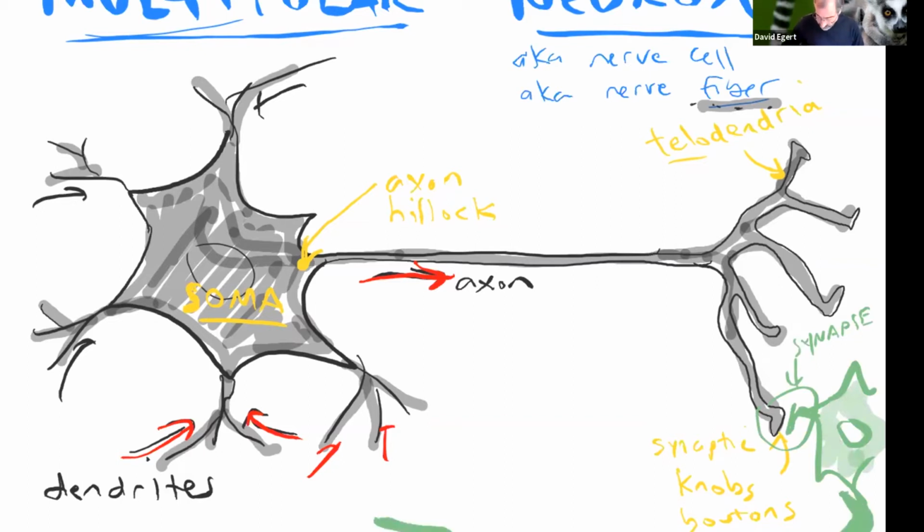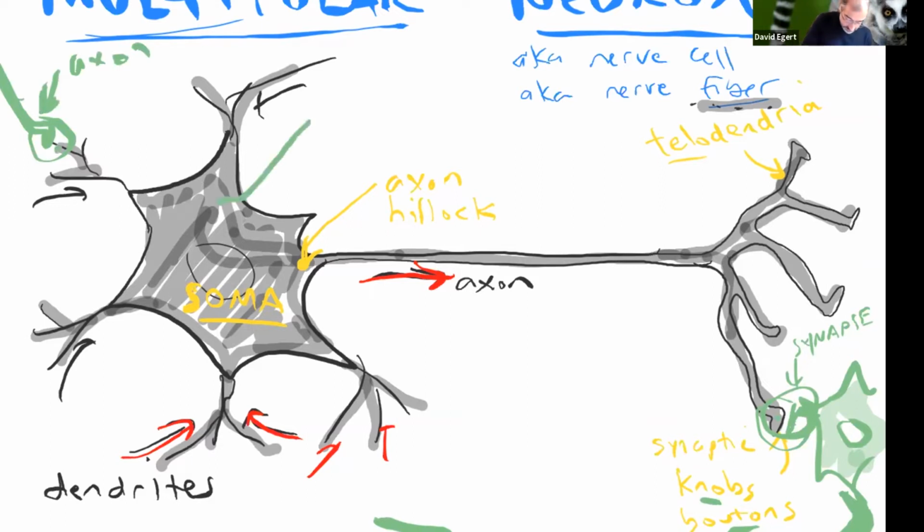The synaptic knob or bouton will make this connection, which we're going to talk about in a lot more detail later, but it's going to make a connection with the dendrites. This can be an axon from some other neuron coming in and talking to the dendrite.